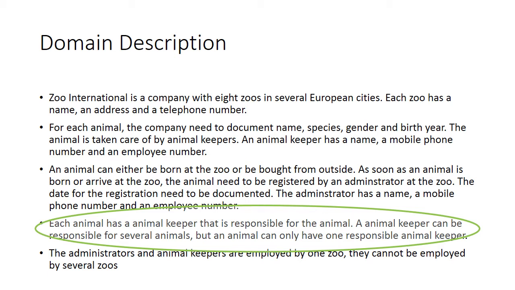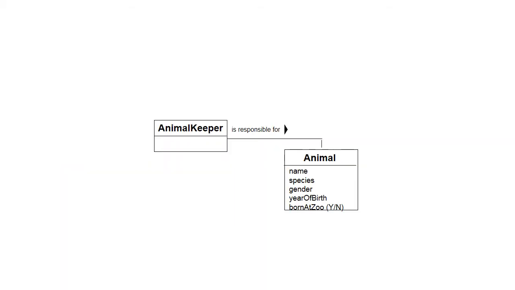This sounds like business rules, and usually you model business rules using multiplicity. So we will now start modeling the multiplicity between the animal keeper and the animal. And the multiplicity looks like this.